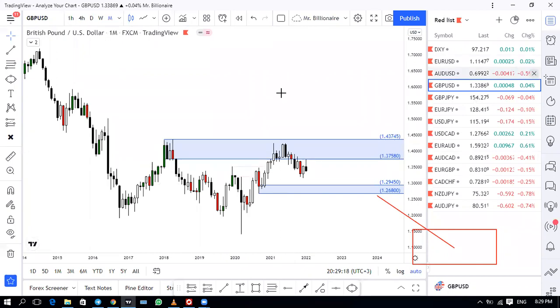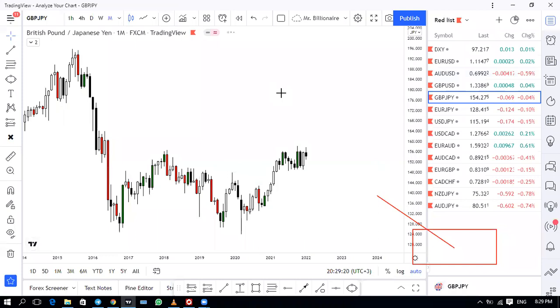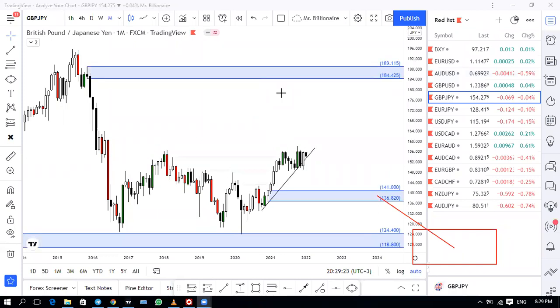Same scenario for GBPJPY. GBPJPY on the monthly time frame, we have an uptrend, but the market is overextended.